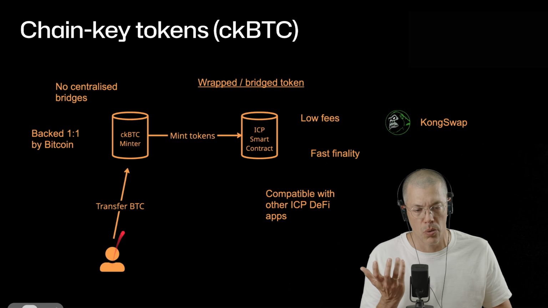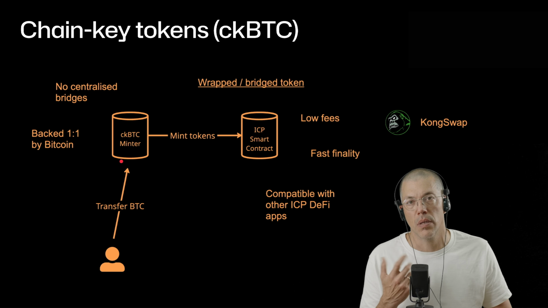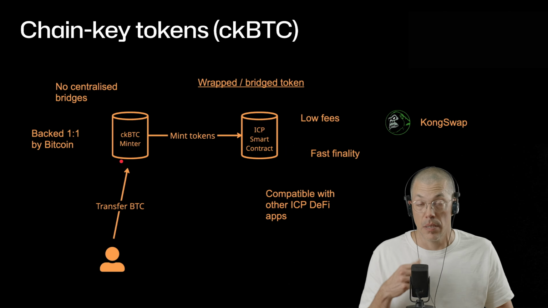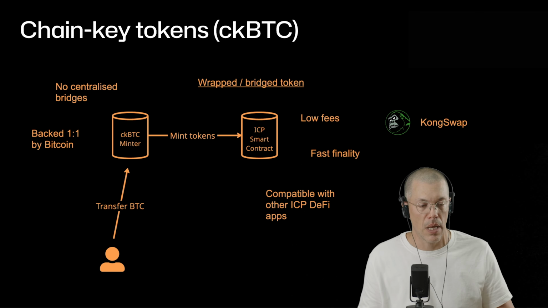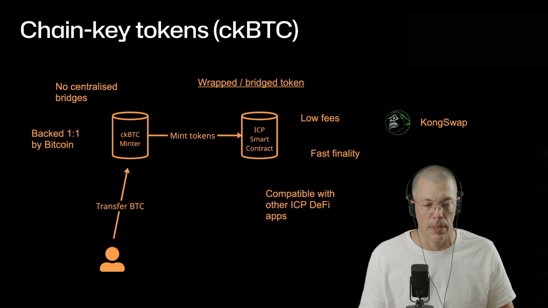You as a user, you transfer some Bitcoin to a smart contract on the ICP. In this case, it's the ckBTC minter. So ckBTC means chain key Bitcoin, and that is the name of this wrapped token.